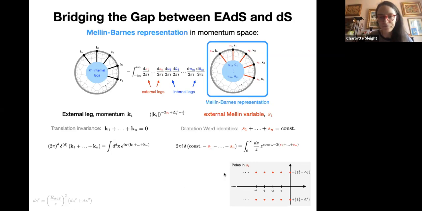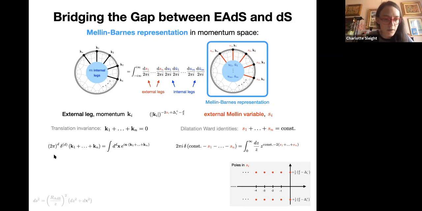These basic features that I just outlined become rather suggestive when you note that, just like how translation invariance enforces momentum conservation, the dilatation Ward identities that are satisfied by conformal correlation functions imply a similar constraint on the external Mellin variables. They have to sum up to a constant, and you will see some examples of this constant in a moment.